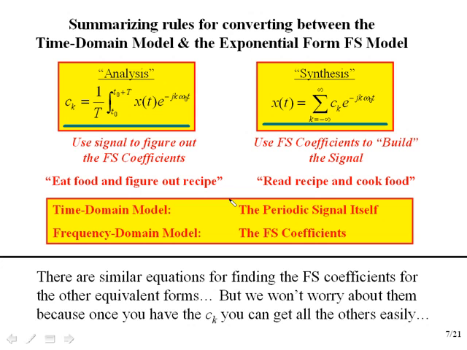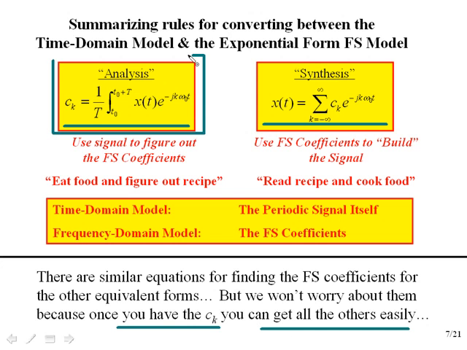And we're not going to worry about them too much, because once we have the c sub k's, we can get all the other analysis results directly from the c sub k's. So you really only need to learn how to do this for the analysis. And then once you have those, you can convert it into all the other equivalent forms.